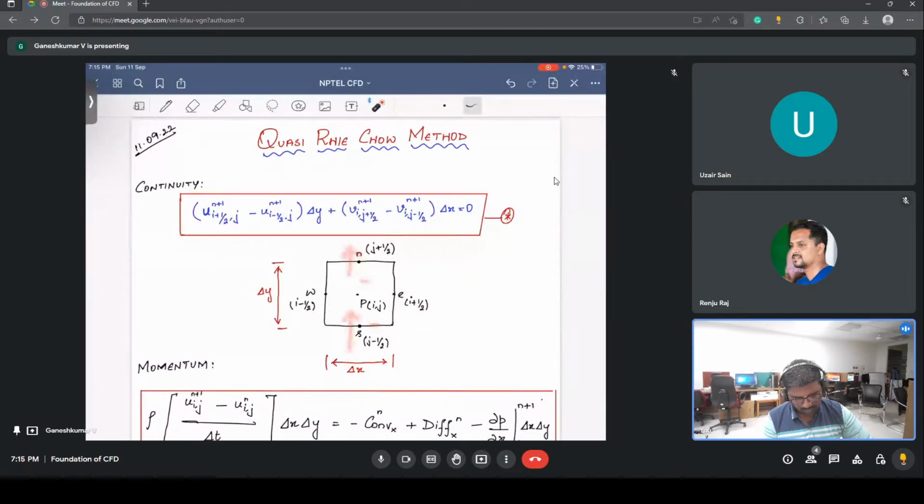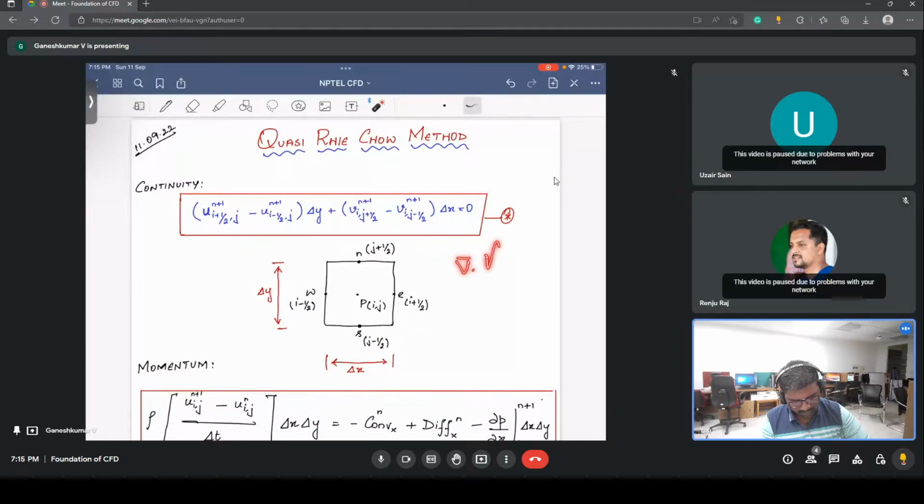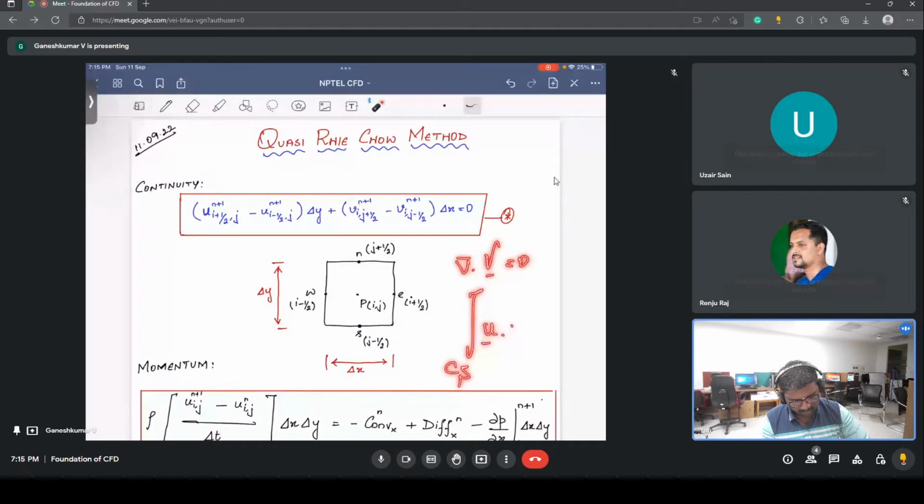So it's just del dot v equal to 0, or in integral form it's u dot n ds equal to 0, our continuity equation, and the discretized form is written as the star equation, right?